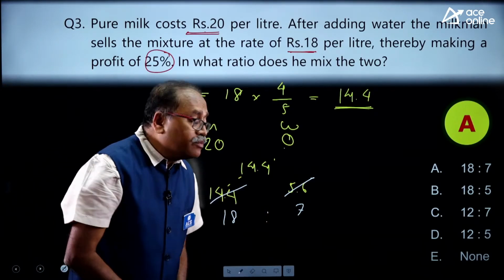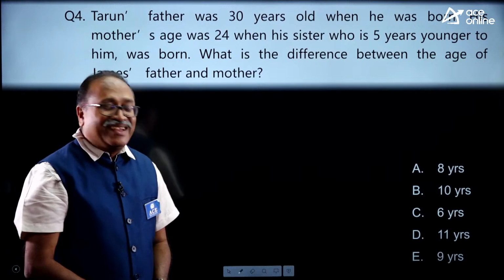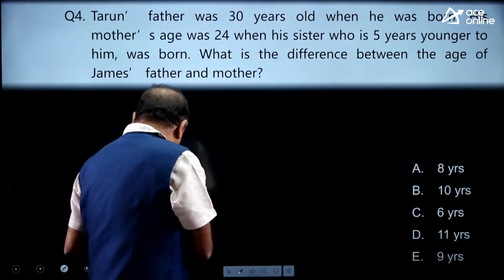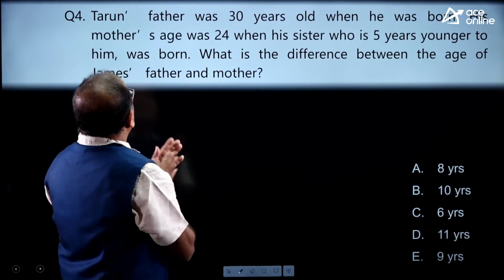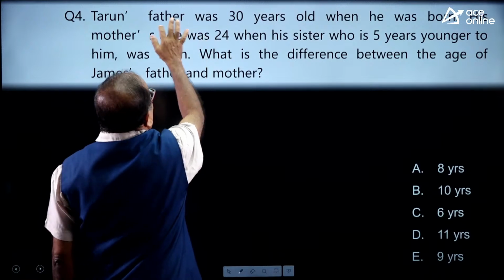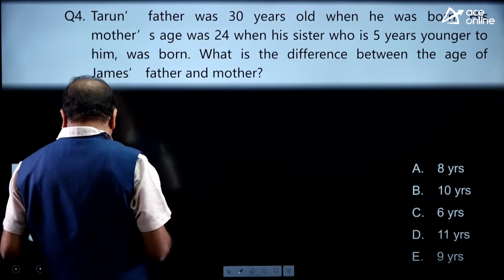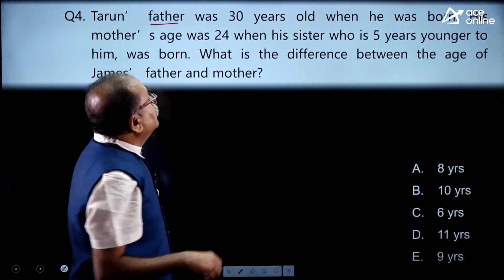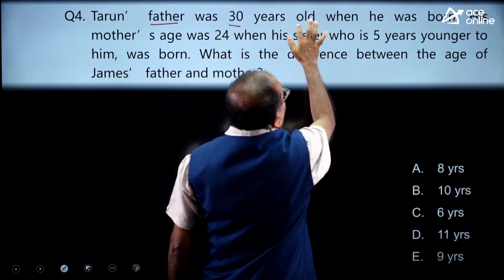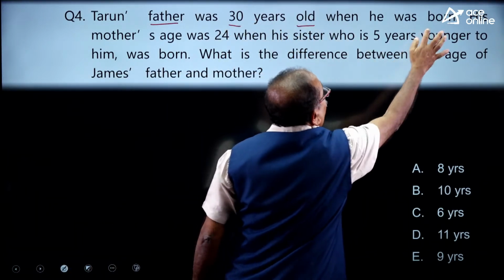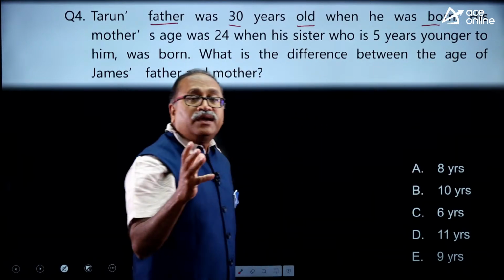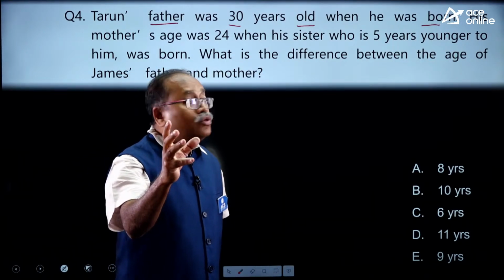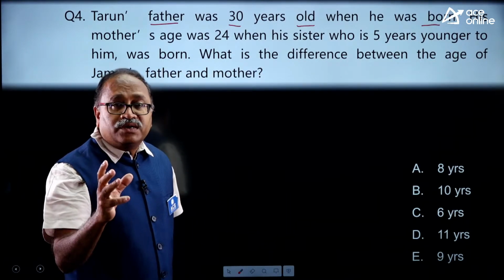The next question on the board is this. Now, let me see what is there in this question. The problem on ages: Tarun's father is 30 years older than Tarun. So what I understand, when Tarun was 0, the father's age was 30.